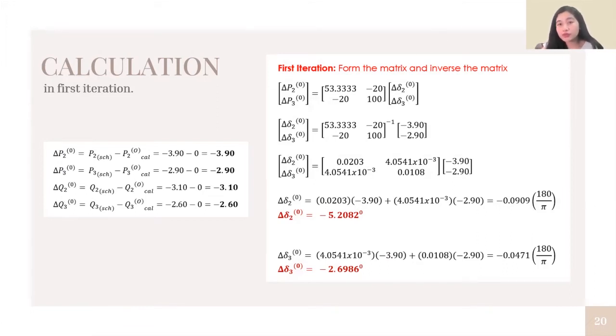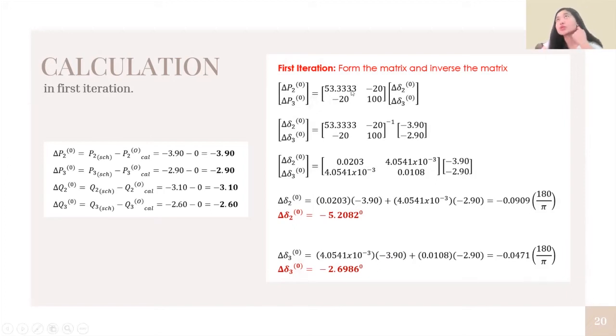Now, we have to form the matrix. Now, we are dwelling na sa first iteration natin. Na from this part, yun na lang din yung isa-solve natin from dun sa second iteration. So we have to form the matrix and you have to inverse the matrix. So kanina, nakuha na natin yung Jacobian matrix.